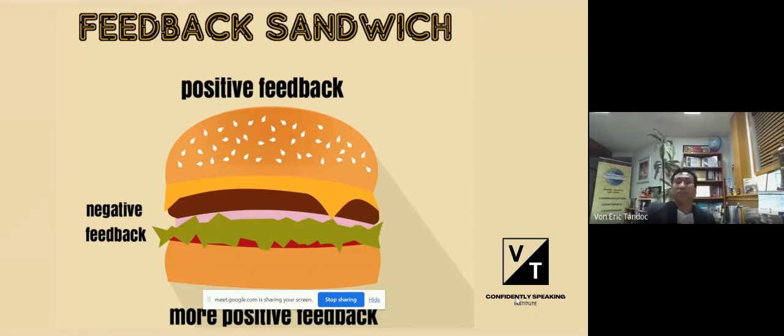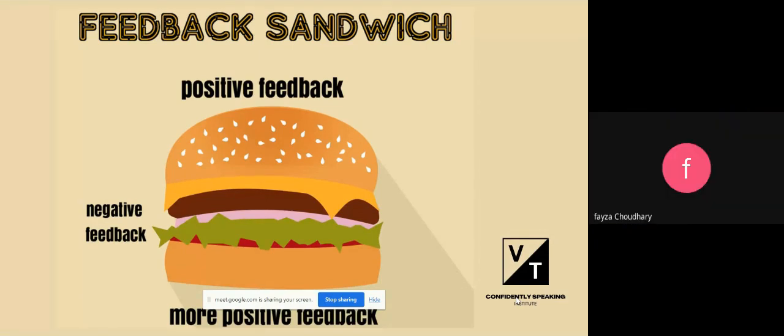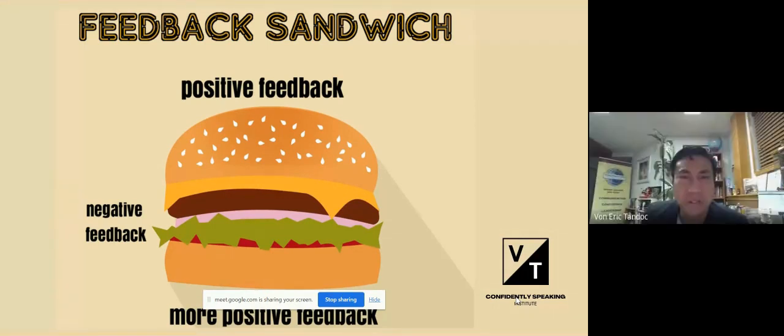Then you transition to the last part of giving more positive. However, overall, I'm satisfied with your research. It's very clear. The writing is very good. I like the words you use in your research, right? So that is the example of giving feedback.